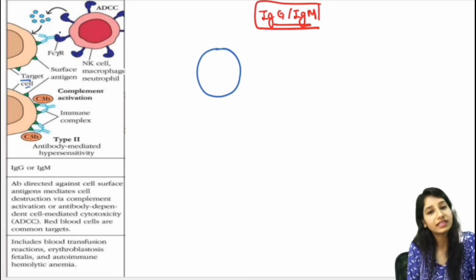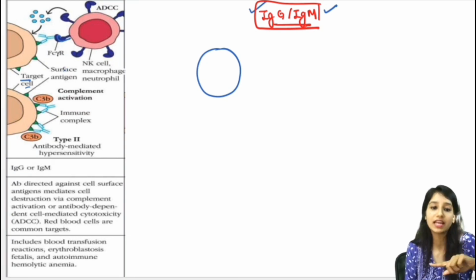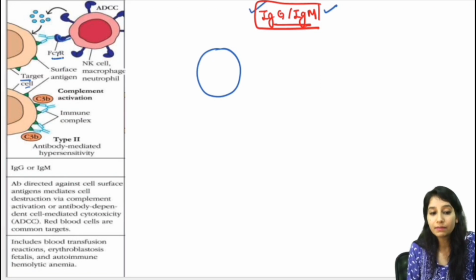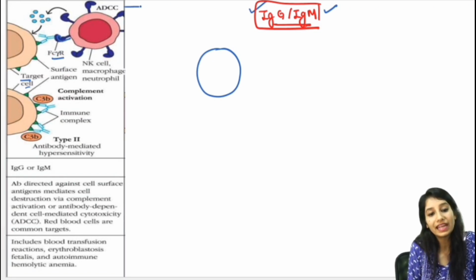What will happen? The antibody will come and bind with the antigen. So here IgG or IgM can come and bind with the antigen. After that, there will be a receptor present for the IgG or IgM Fc part, but this receptor is not present on the mast cell. It will be present on ADCC cells.